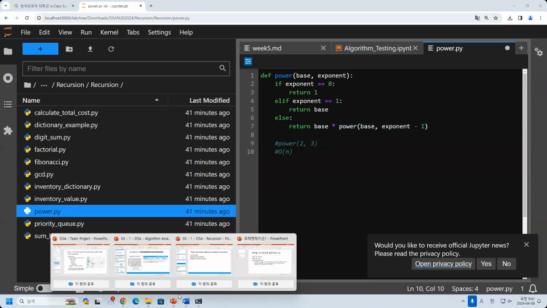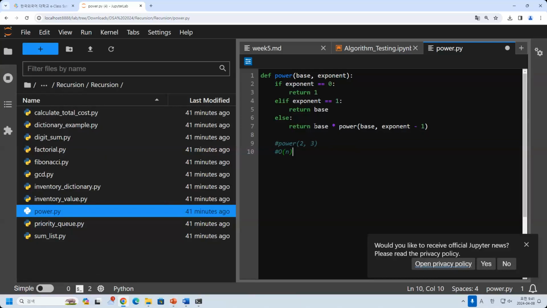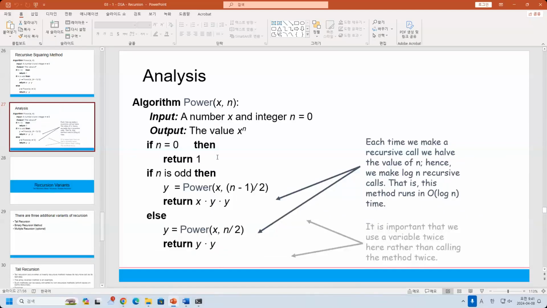Later on, you can try to modify the code that I already gave for this exponent according to the algorithm of this recursion.